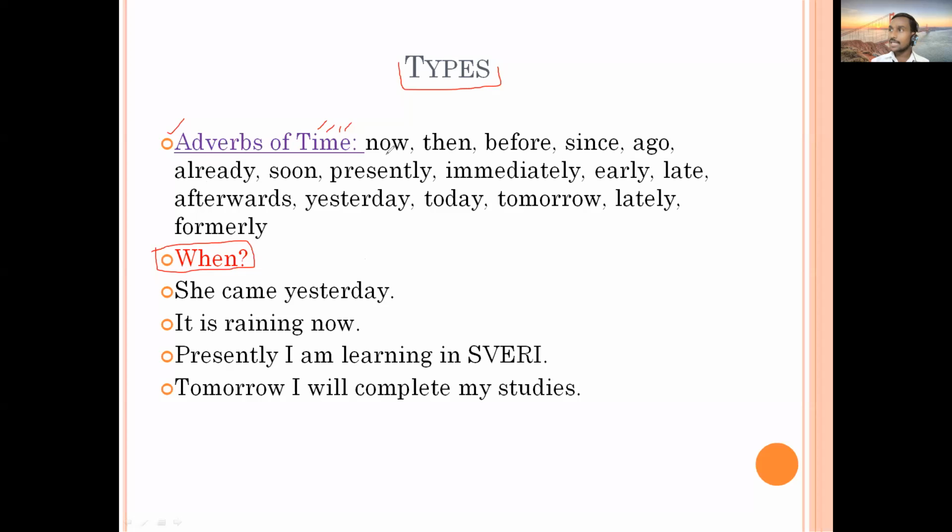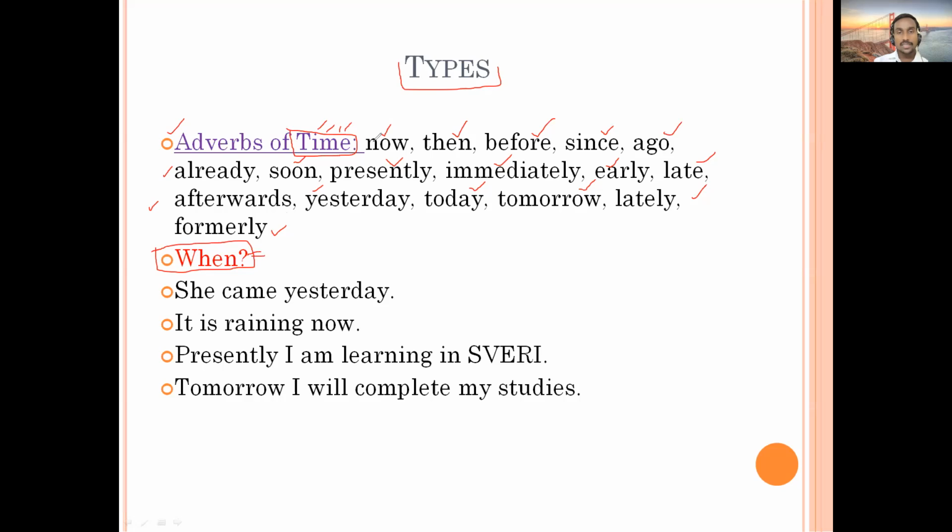Some examples you may get are: now, then, before, since, ago, already, soon, presently, immediately, early, late, afterwards, yesterday, today, tomorrow, lately, formerly. All these words are related to time, and they talk about when that particular action takes place.